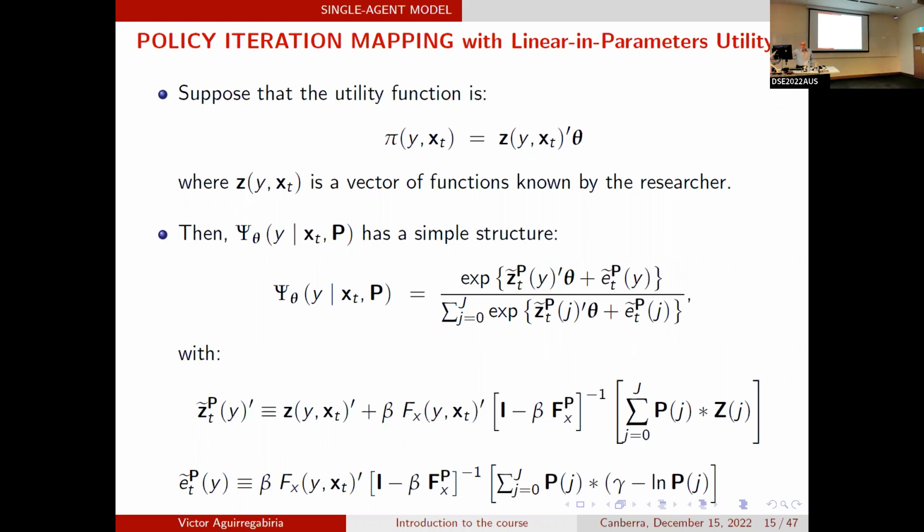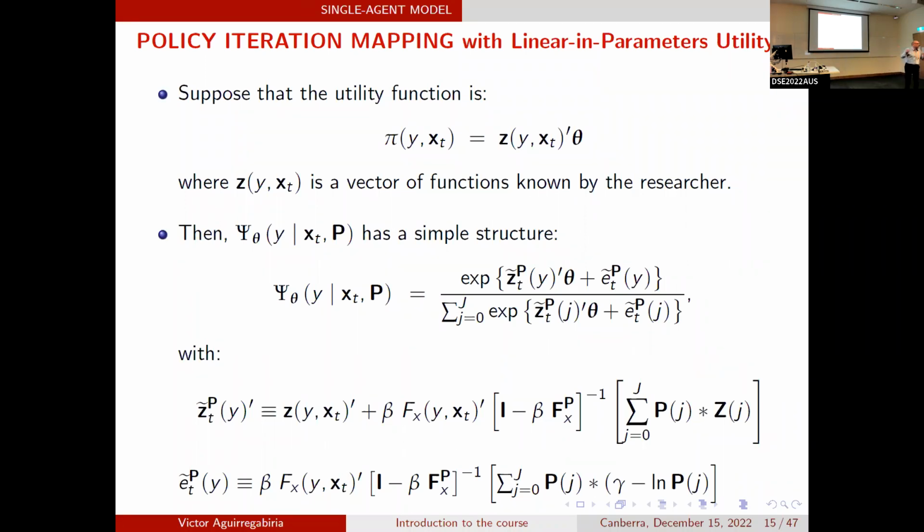Okay, and this is the psi theta policy iteration mapping for action y and state x. And basically, you can see that this is a logit model, a standard McFadden's logit model, okay, where the explanatory variables are this z tilde p and e tilde p, okay? And if we knew this z tilde p and e tilde p, this would be a standard McFadden's static logit.